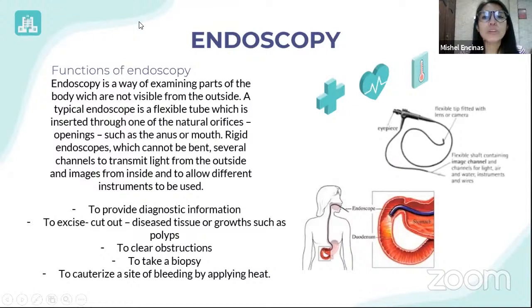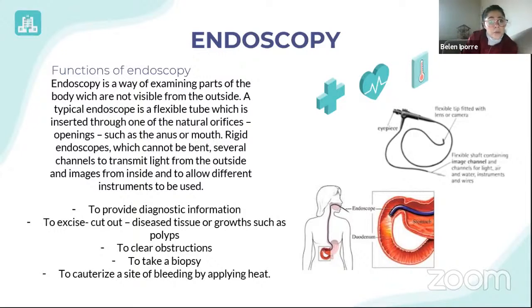And we have the endoscopy. Belen, can you read again this part? Okay. Functions of endoscopy. Endoscopy is a way of examining parts of the body which are not visible from the outside. A typical endoscope is a flexible tube which is inserted through one of the natural orifices, openings such as the anus or mouth.